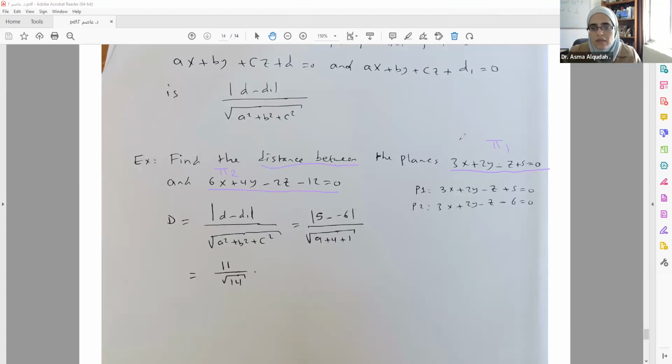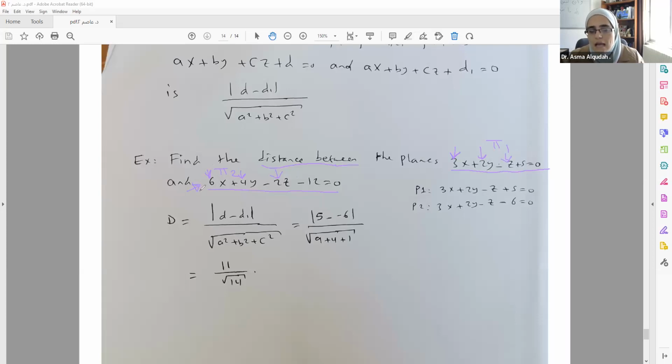Now, if we look at the equations of these two planes, we see that the coefficients 3, 2, and minus 1 are not the same in plane pi 2. Pi 2 has the coefficients 6, then 4, then minus 2. Then they're not the same, so before I use the equation, I have to normalize. Which plane equation should I normalize? Of course, it's the equation of pi 2.